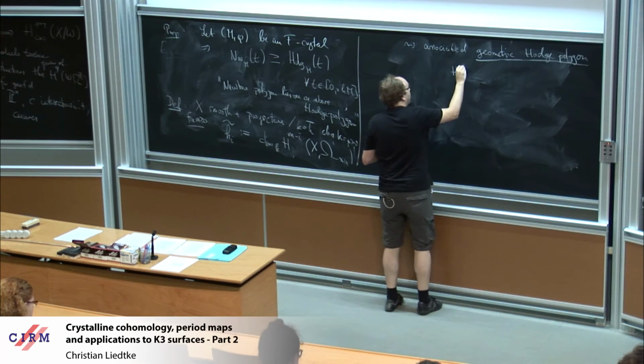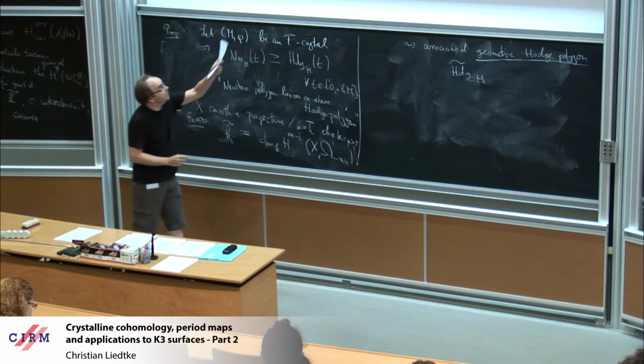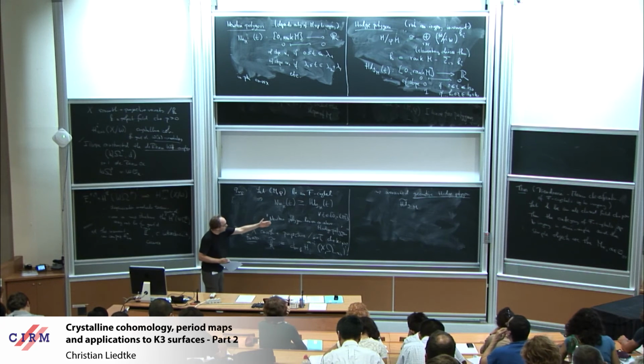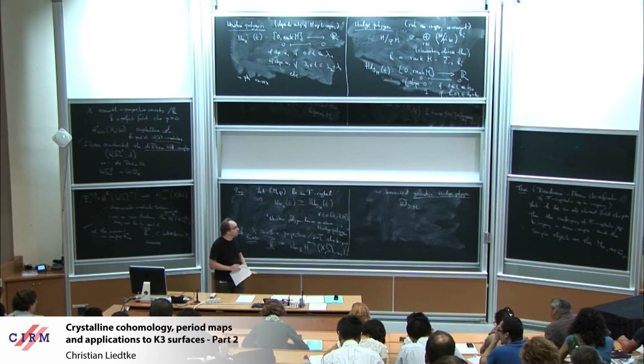Let's call it A. So as in the case of the Hodge polygon, this geometric Hodge polygon is just a fancy way of writing down the Hodge numbers.